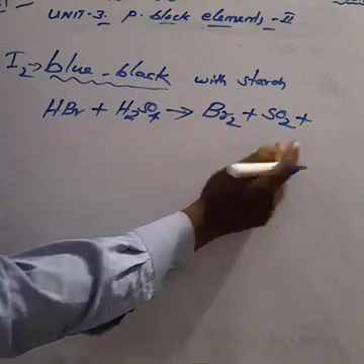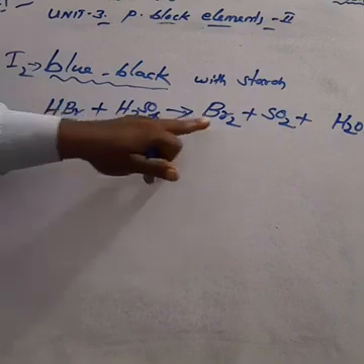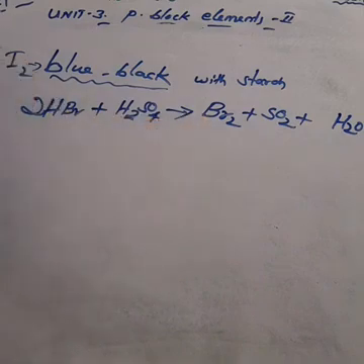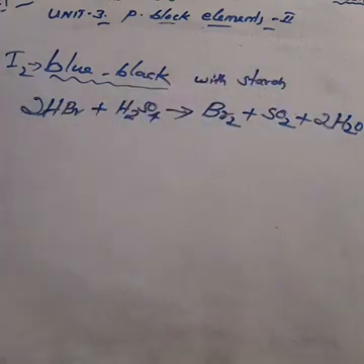And also we get water molecules. Br2, how much Br is there? 2 Br, so make it on the reactant side 2HBr. And about the water molecules, the reactant side has 2 plus 2, 4 hydrogen. So make it 2H2O on the product side. Equation is balanced.